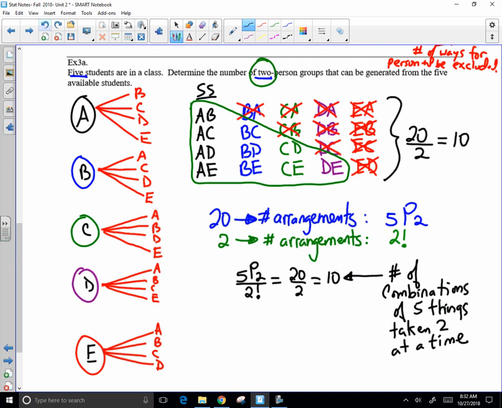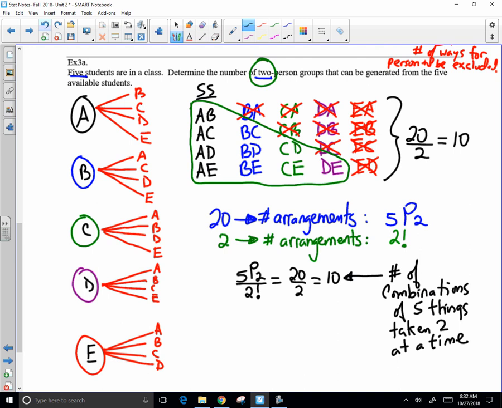So the issue that comes up when dealing with permutations versus combinations is really the underlying concept, because the setup, the work looks very similar.